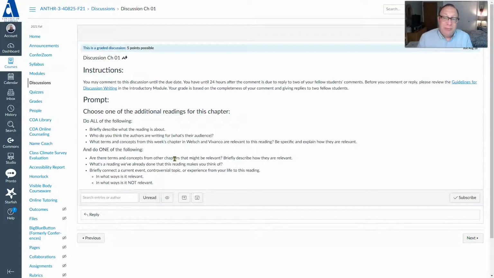Just remember to describe why it's relevant and what it's about. Or maybe it strikes a chord with you, but reminds you of something that you've experienced or something that you've seen in the news or a controversial topic. Tell us how this article applies to that, and tell us also the ways maybe it doesn't apply, because it works in both directions.